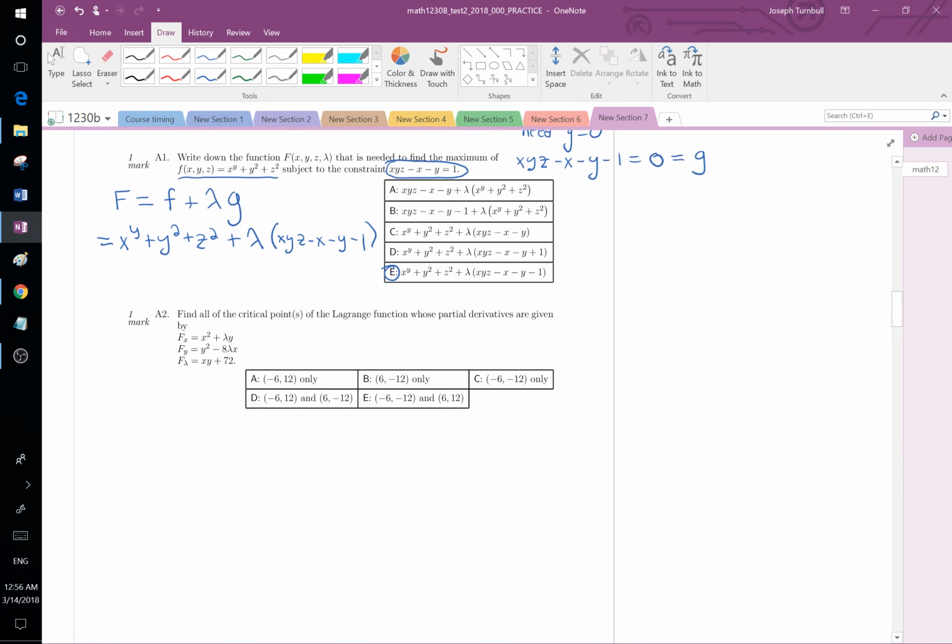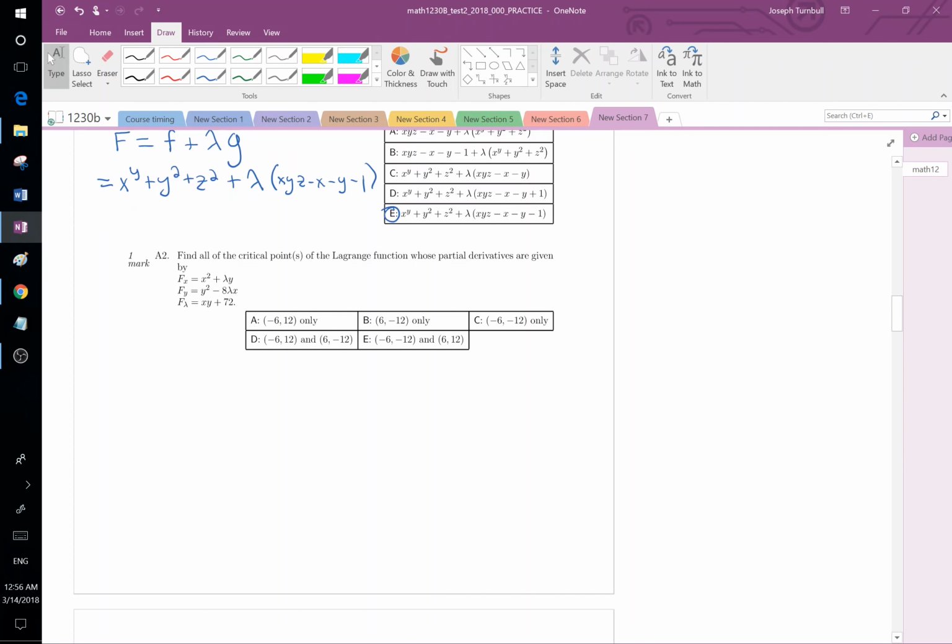Next question. Number 2 says, find all the critical points of the Lagrange function whose partial derivatives are given, and it gives the x derivative, y derivative, and lambda derivative of the unstated optimization problem. All that we have are the first derivatives.